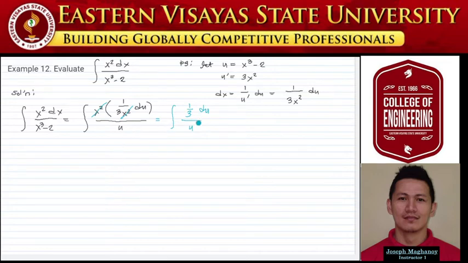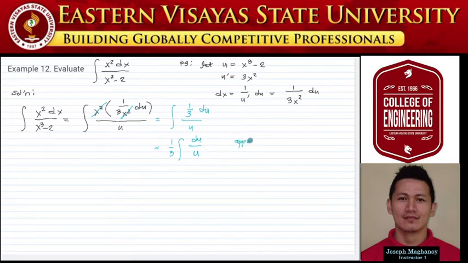So property number 2, we can let the constant carry out over the integrand. Okay, here by this form we can apply now our third formula, the LF, logarithmic function.